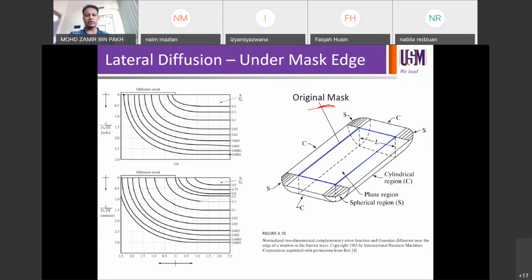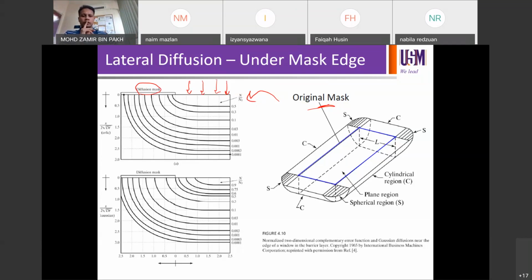Translating that into the left illustration, here is your diffusion mask, where you block the dopant from coming into the silicon, and this is the area you expose for the dopants to come in.